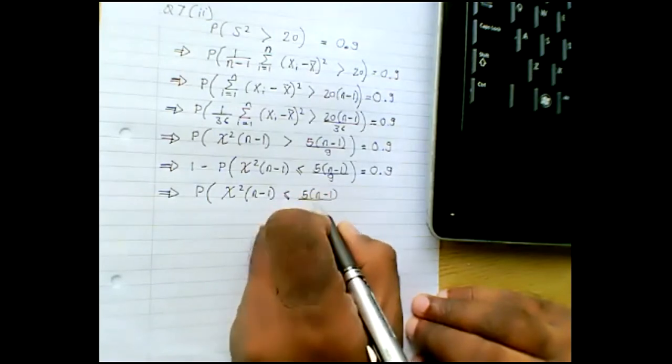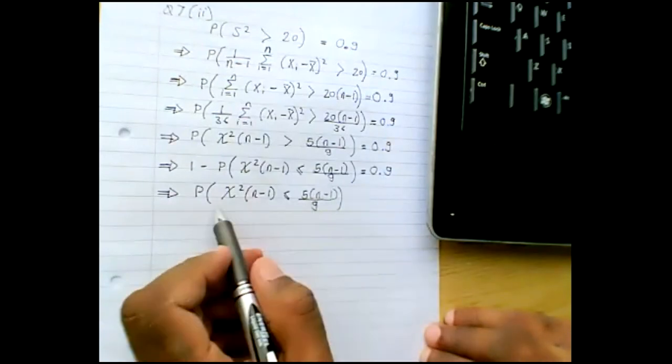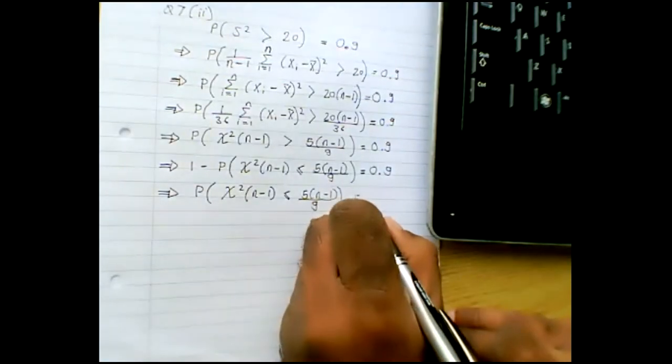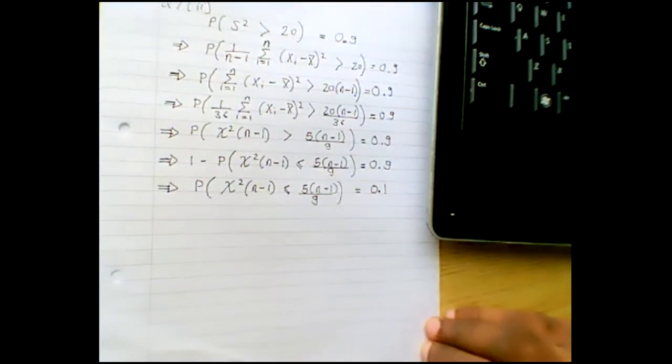Now if 1 minus this is equal to 0.9, then this probability must be equal to 0.1, okay?